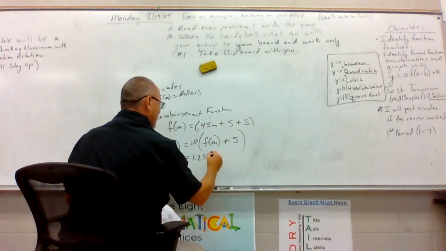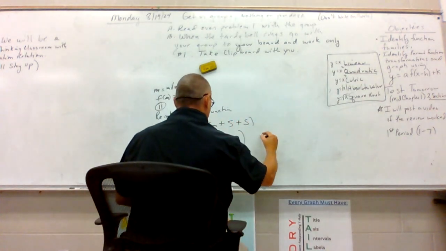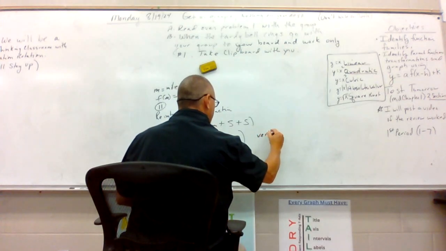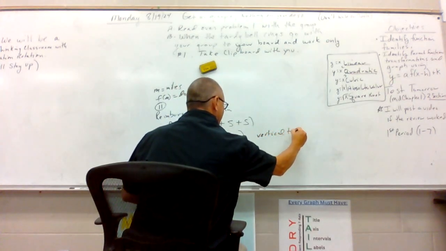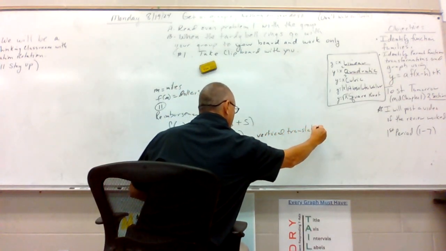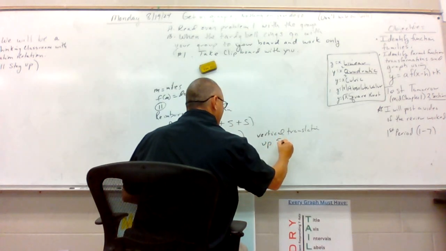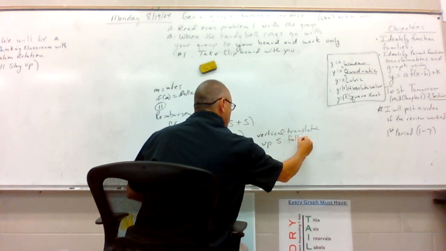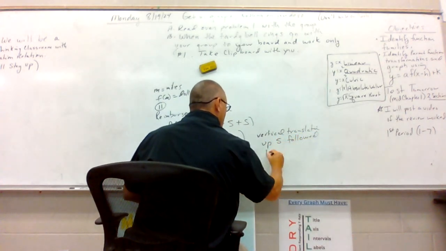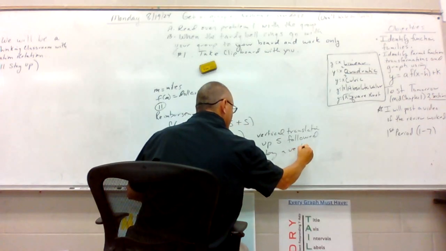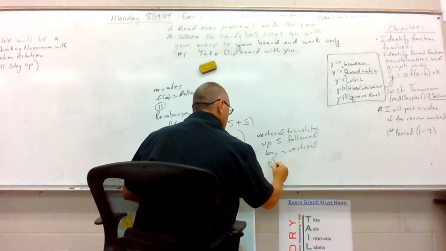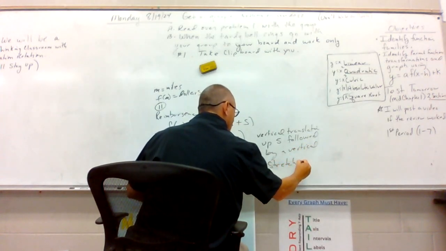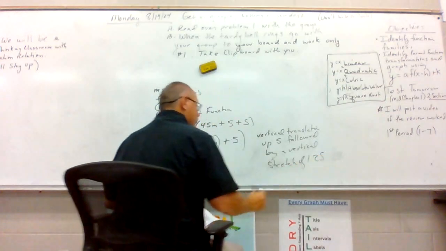So what was happening was a vertical translation up 5, followed by a vertical stretch of 1.25. That's what happened.